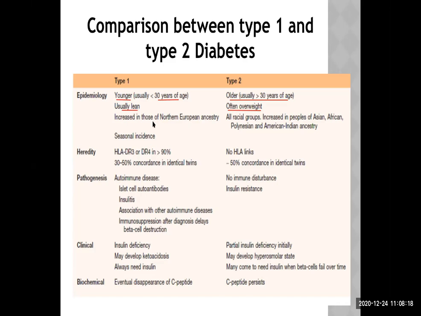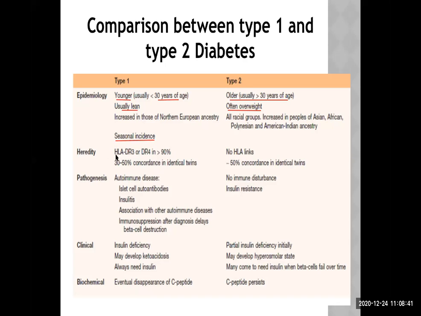Regarding the race, this is not very important because these days any of the races are developing diabetes. And type 1 diabetes has a seasonal incidence because of the risk factors. Remember all those viruses there. So because of those viruses, it is written like that, seasonal incidence.